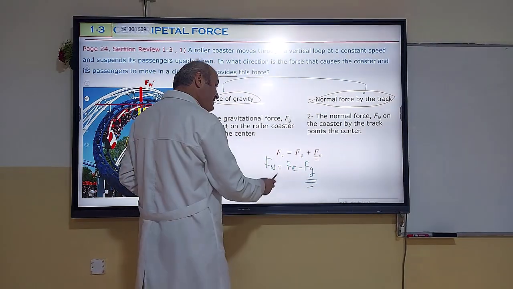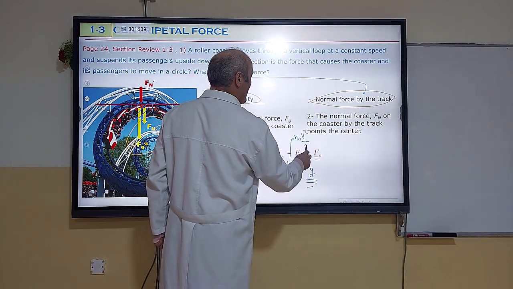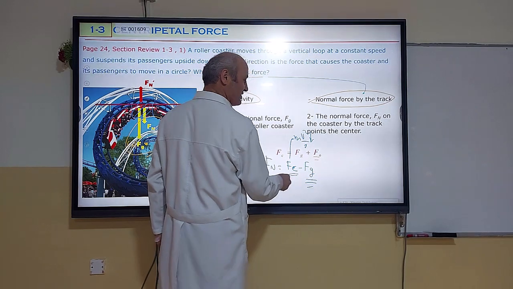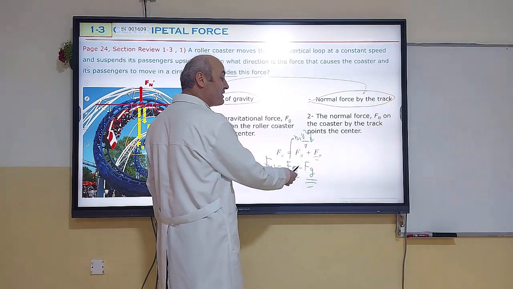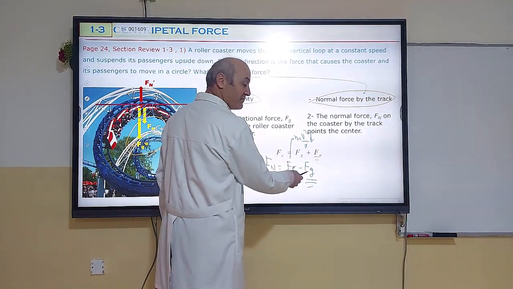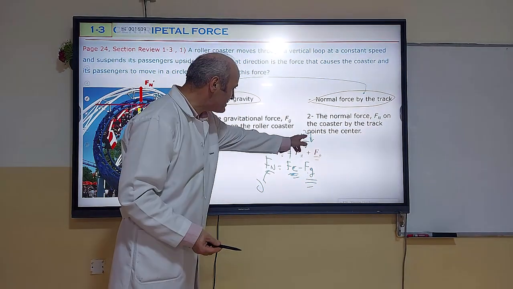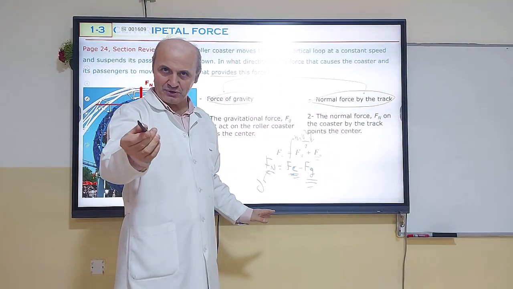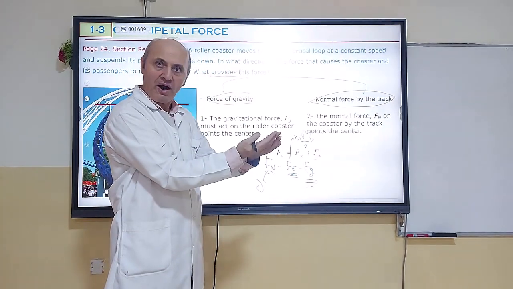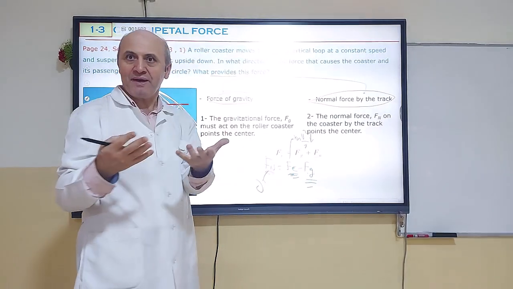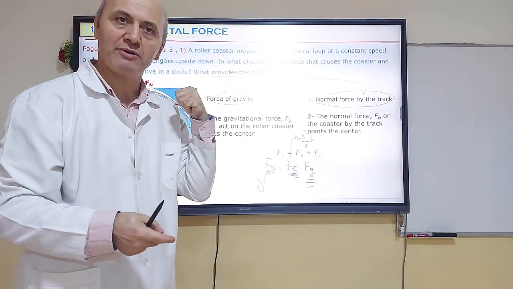But as speed decreases, which is v square over r, what happens to Fc? It decreases. Then finally, Fc becomes equal to Fg. In this case, Fn becomes 0. But in the previous problem, when the car is over the track, at what speed does Fn become 0? At maximum speed.